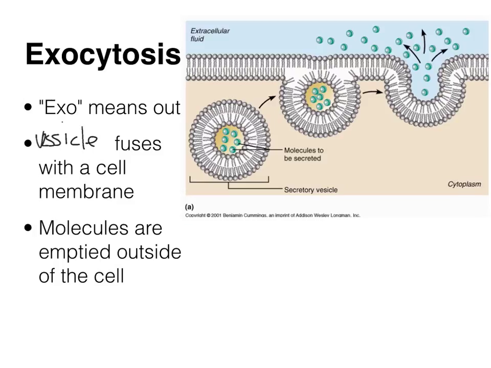So this whole process needs energy. The vesicle surrounds whatever molecule needs to leave, fuses to the cell membrane, and then the cell membrane can open and release the molecule to the outside of the cell.